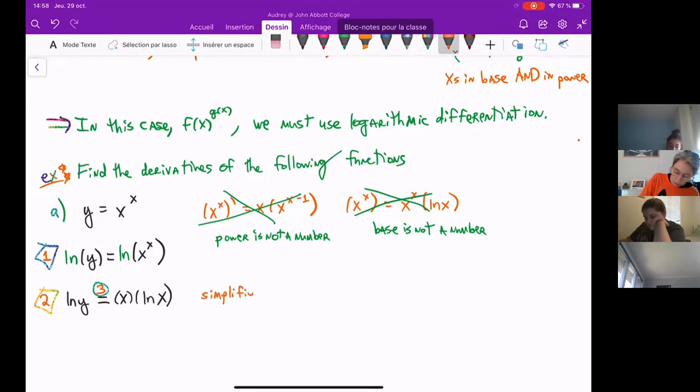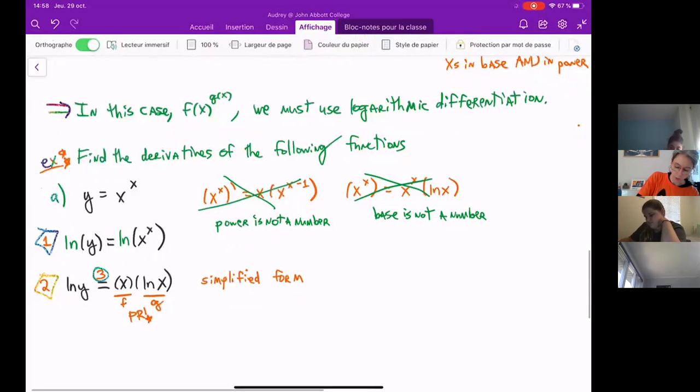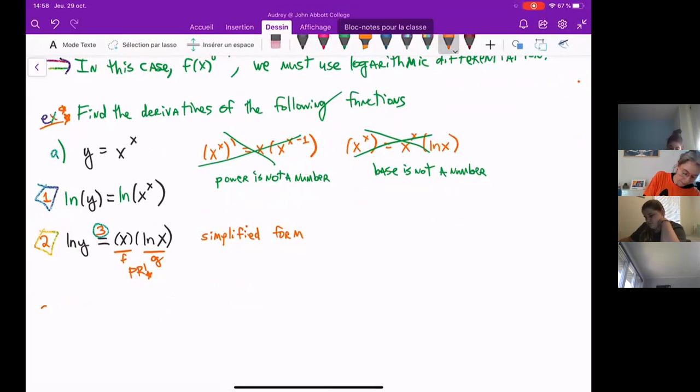And notice what's cool about my simplified form, or really what allows me to do math with it, is that that x is no longer the power. I was able to turn that x into a multiplication. So now this is a product rule. We take the derivative of both sides. What's the derivative of ln y?